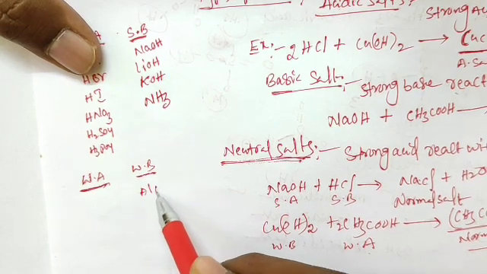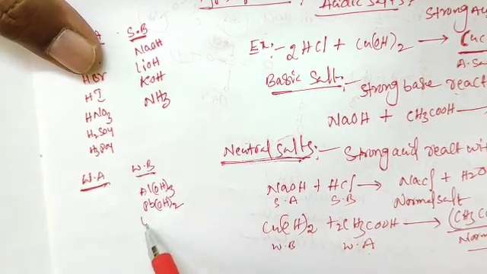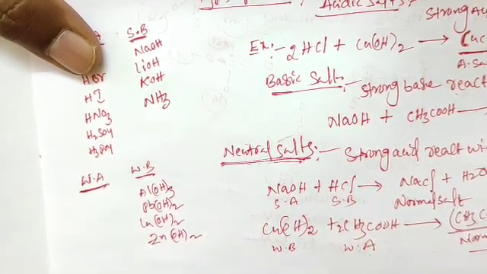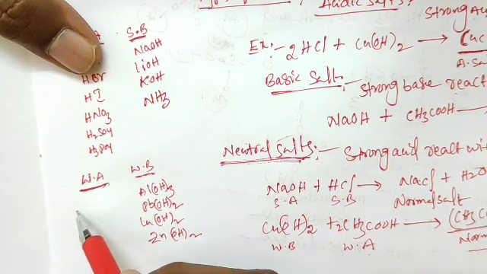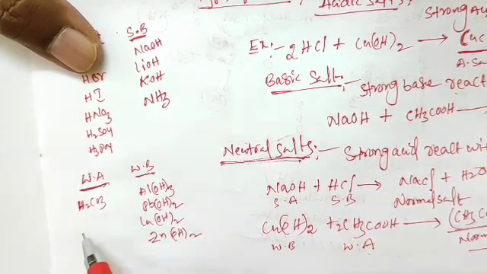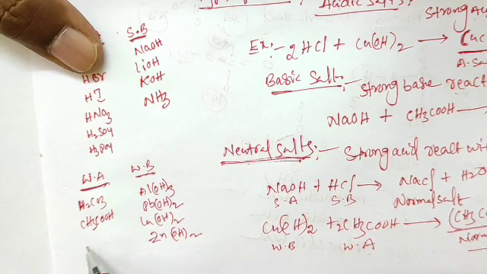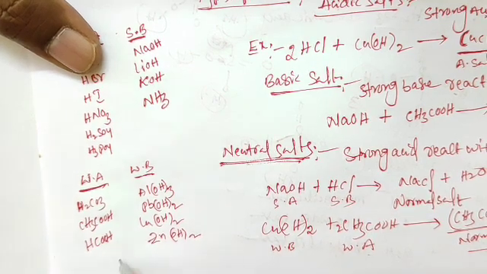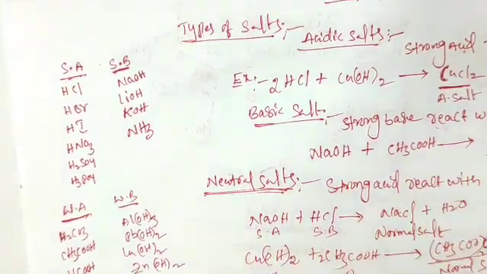Weak bases: Al(OH)3 is a weak base, Pb(OH)2 weak base, Cu(OH)2 weak base, Zn(OH)2 weak base. Weak acids are all the acids that come from plants and animals, like H2CO3 carbonic acid, acetic acid CH3COOH, formic acid HCOOH, lactic acid, malic acid. Maximum of these are all weak acids.